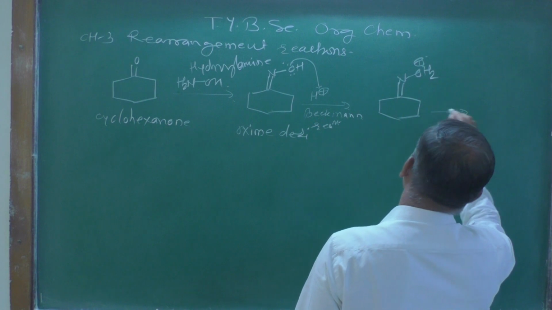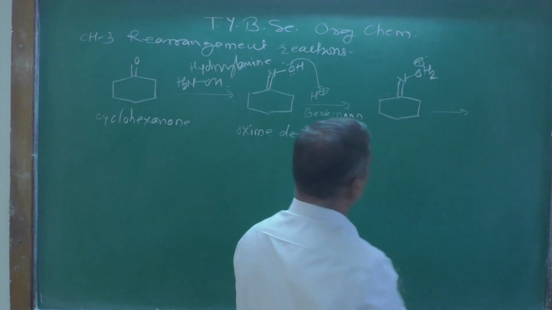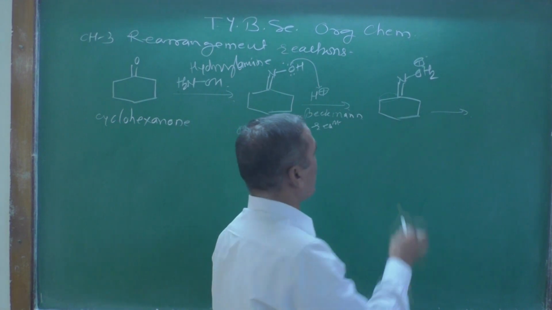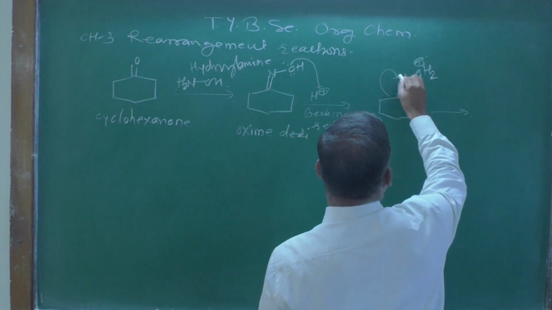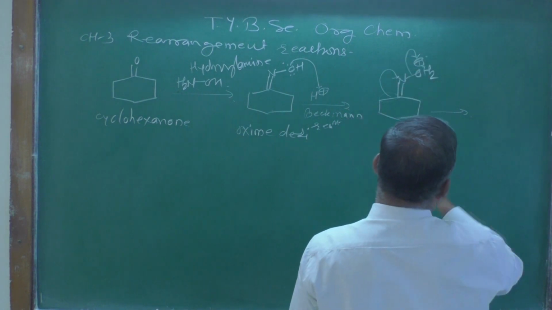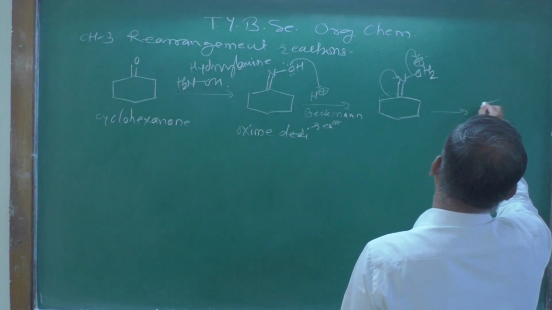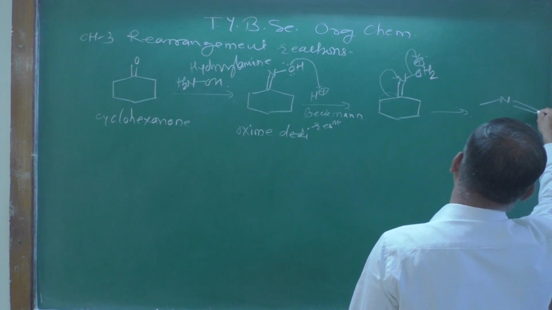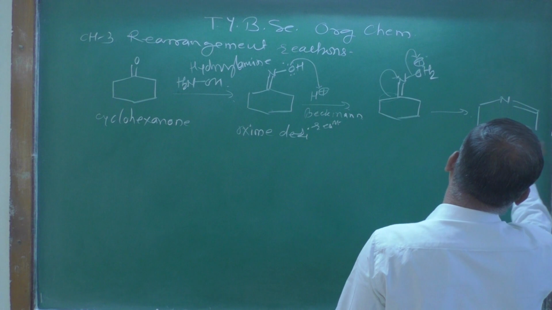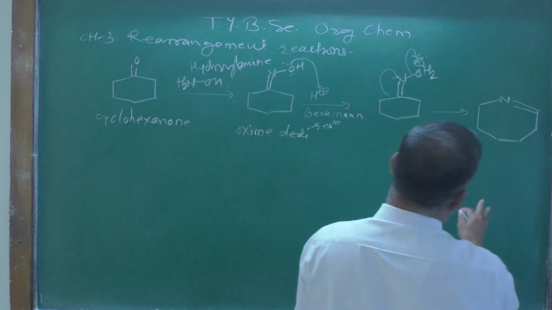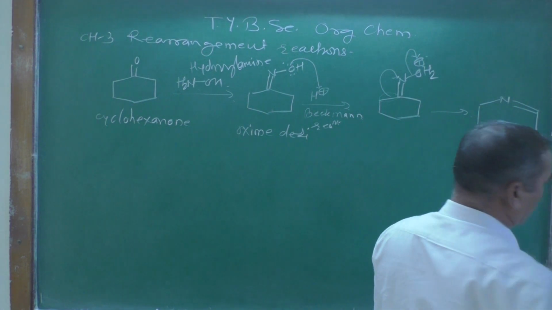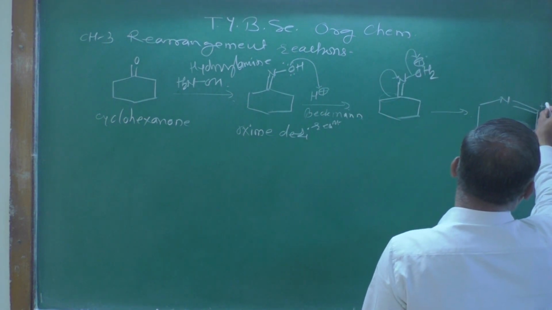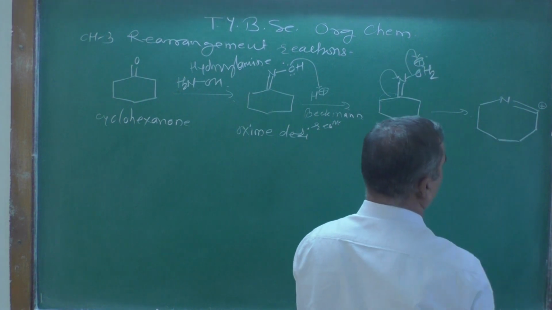What is going to happen here: the group which is anti to the hydroxyl group migrates from here to here, and we are going to get the product like this, N, then a double bond, then this type of seven-membered ring is formed, with a positive charge on that compound.